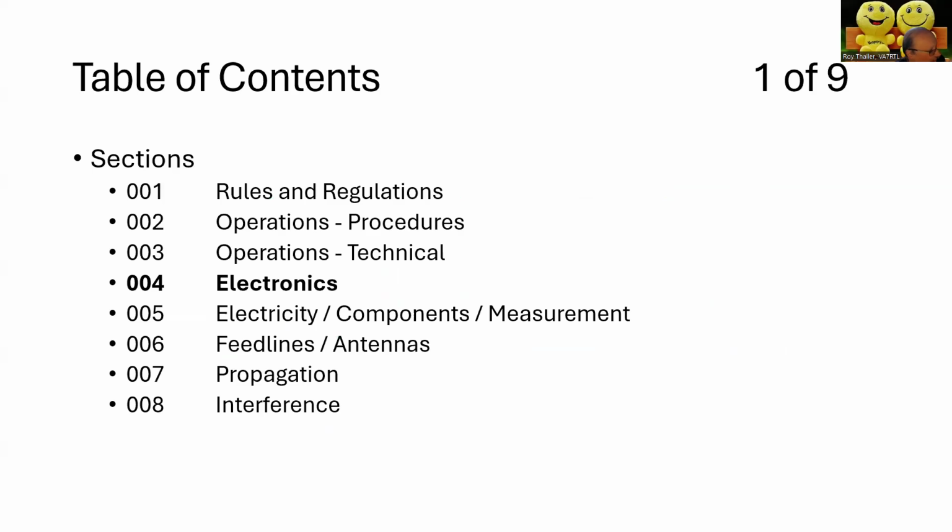So we're almost halfway through. We've done a lot of the rules and regulations and the operations from a procedural point of view and from a technical point of view on the radio. Now we're starting to get into more of the components and the electronics and the electricity. And then we get into feed lines and antennas in section 6.